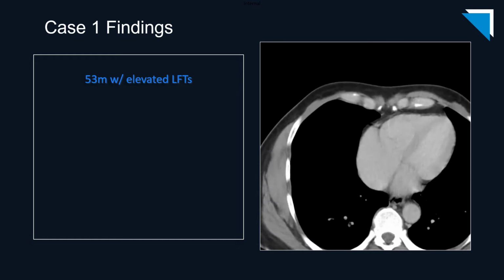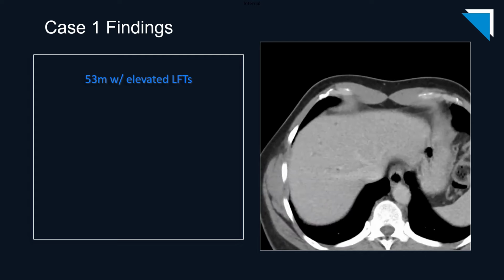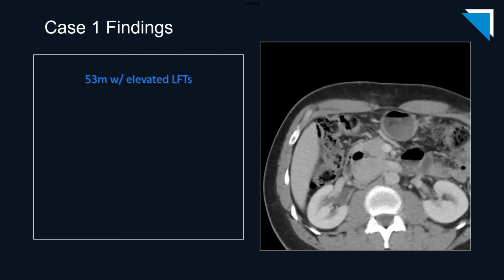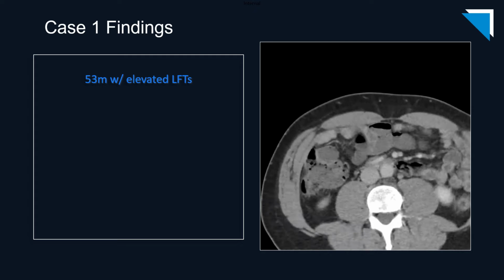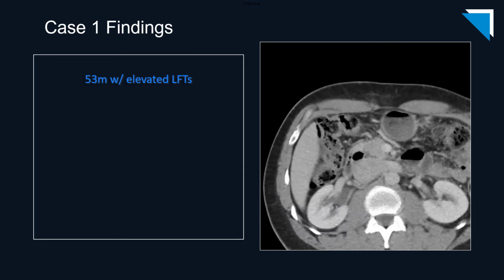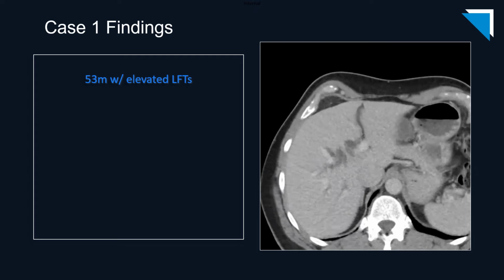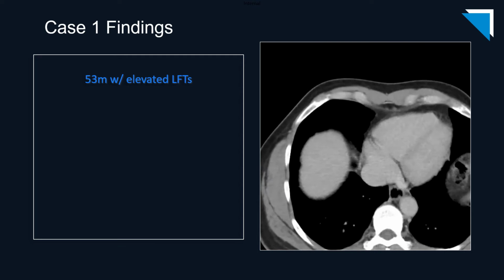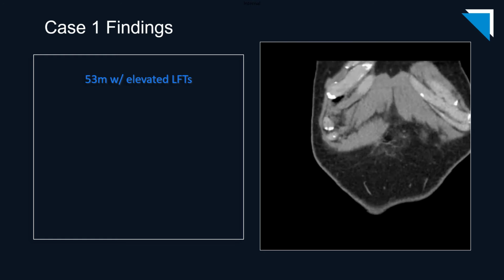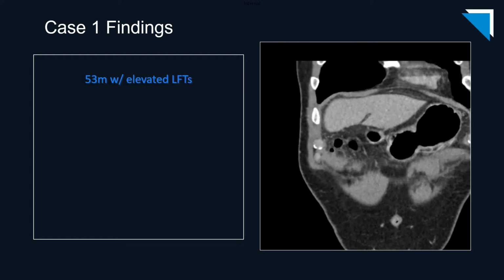Next, we'll scroll through these axial images from a contrast-enhanced CT scan of the abdomen and pelvis. Here are the coronal images from the same study.